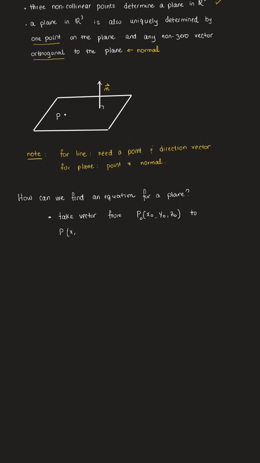Let's call it x, y, z. So we find this vector from P0 to P, and then we identify a normal vector that's going to give us the orientation of that plane. Let's call this normal vector A, B, C.